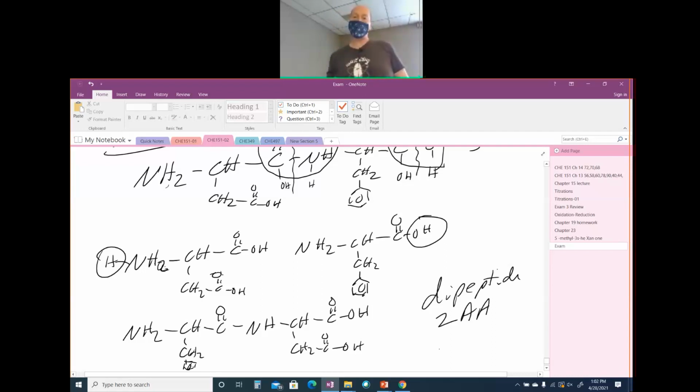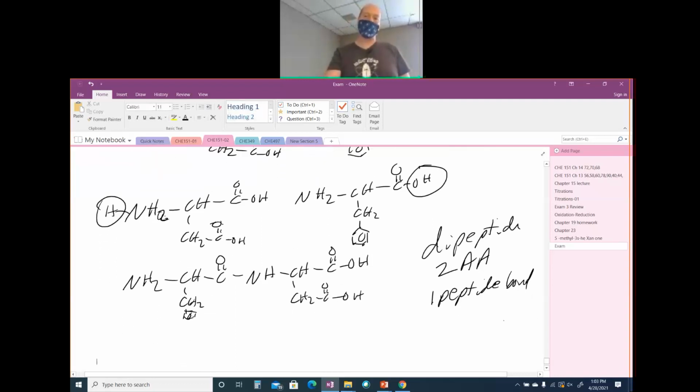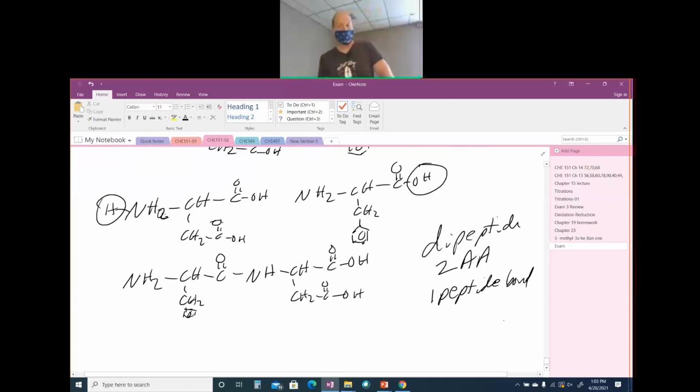But it also means 1 peptide bond. So that is also a very simple question to miss. A dipeptide has how many peptide bonds? Well, most people will put 2. That is the wrong answer. A dipeptide has the 1 peptide bond, and that is this bond.